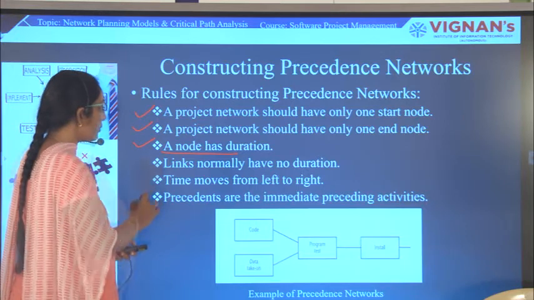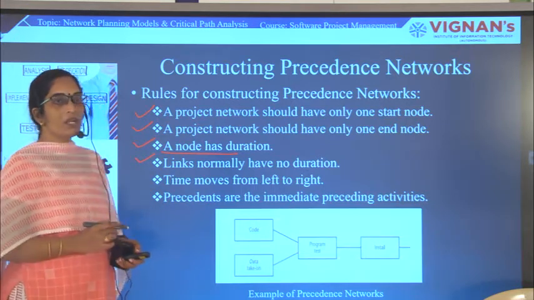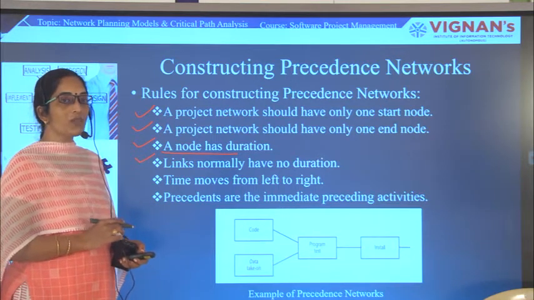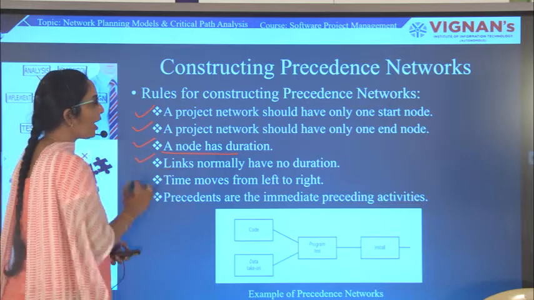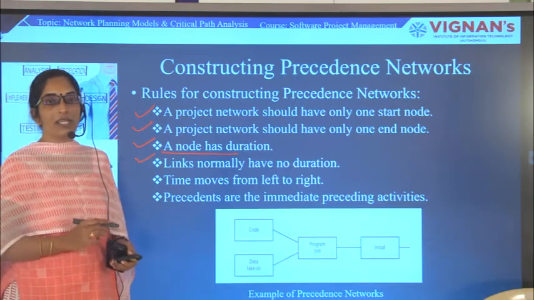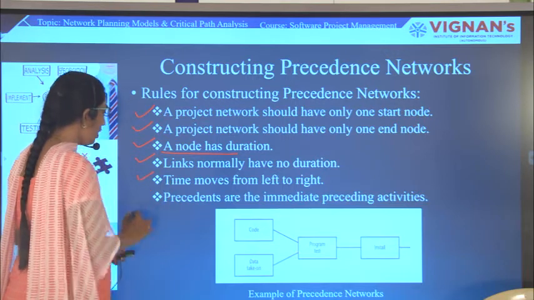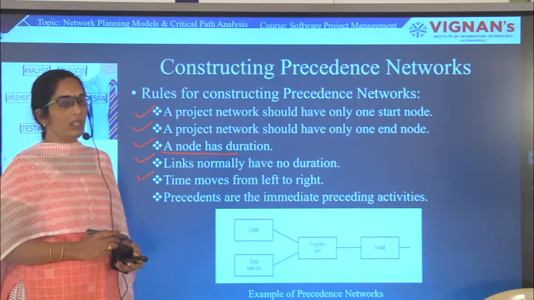The next rule is that links normally have no duration. Why? Because we are not talking about activity on arrow. As we are dealing with activity on node, a link need not have any duration, but a node should always have a duration. One more important rule is that time always moves from left to right on a network.